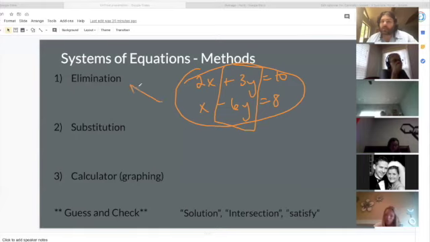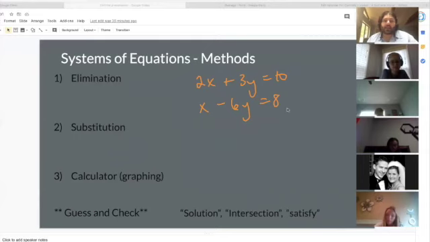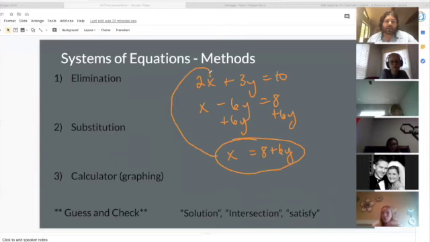So I could use elimination there. Or I could just solve for x. See how easy it is to take this and just add the 6y over? And you get that x equals 8 plus 6y. It's pretty easy to solve for x there. Then I could take that x and plug it into the other x in the equation. So either way, sometimes there's multiple ways to do it and you can pick your favorite.